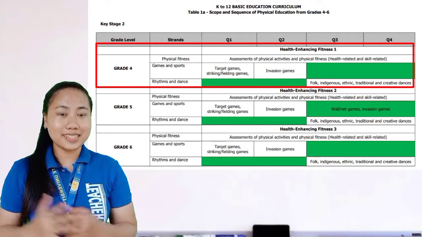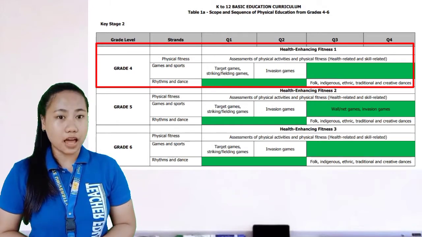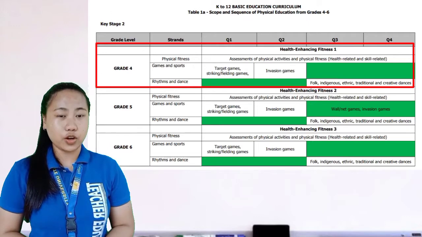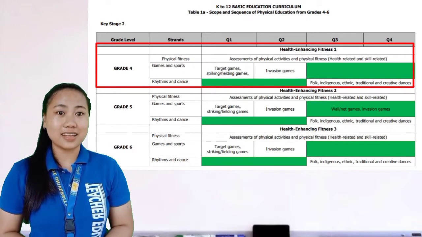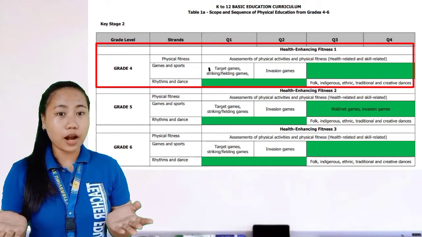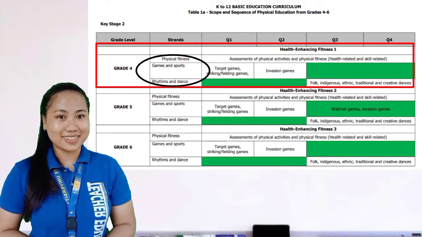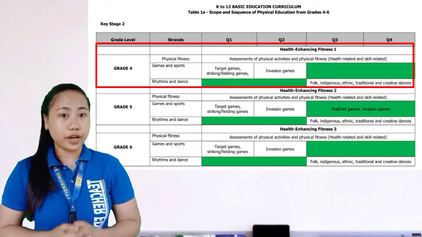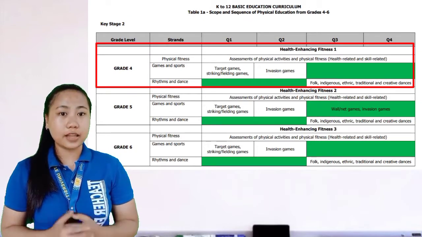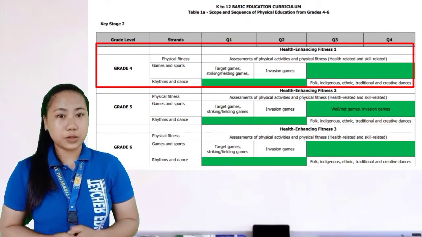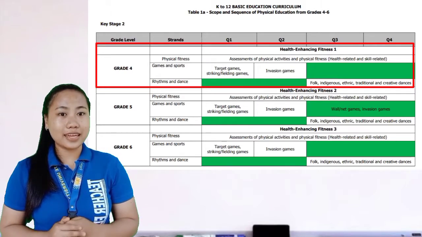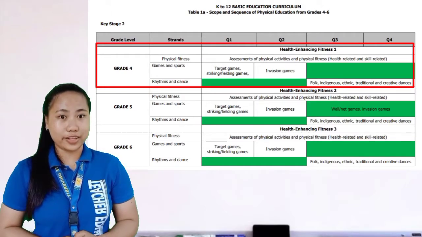For the learning strands for this grade level, as you can read in our curriculum, only 3 strands are indicated, which are physical fitness, games and sports, and rhythms and dance. And starting from grade 4, every learning strand of physical education is now indicated for a specific quarter.